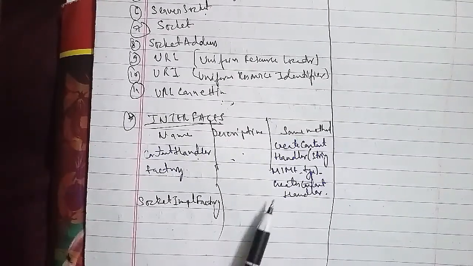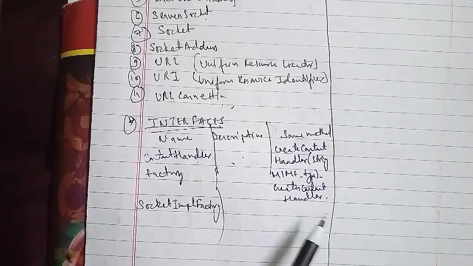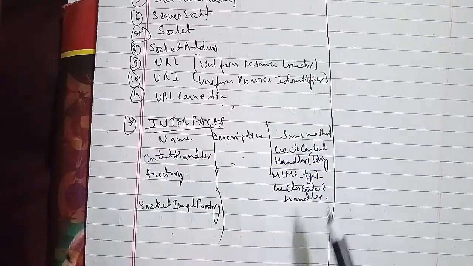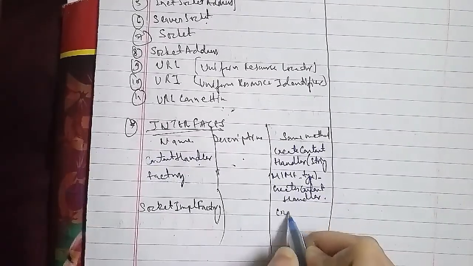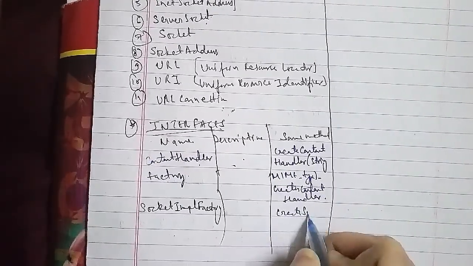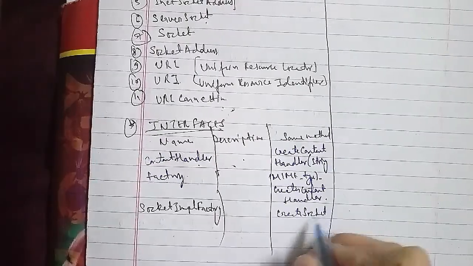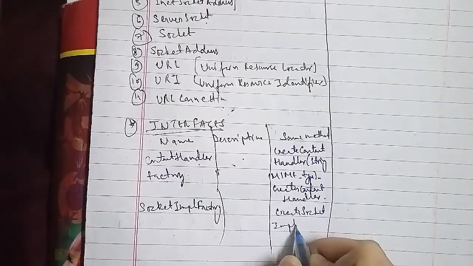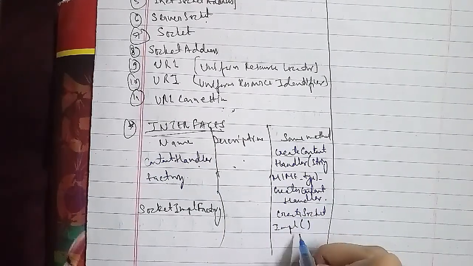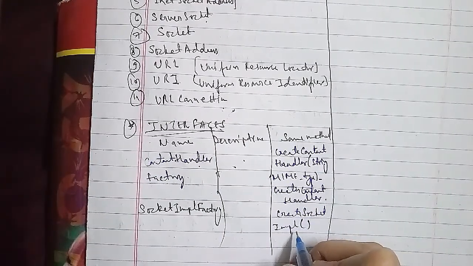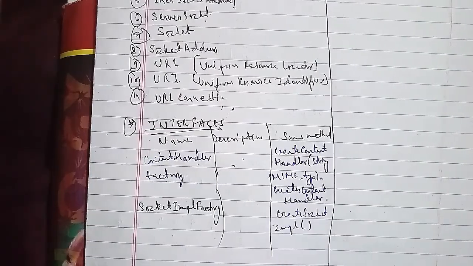The next one we will have is URL stream handler factory. In that the description is for implementing a URL stream protocol handler, and the factory can be defined by the interface.